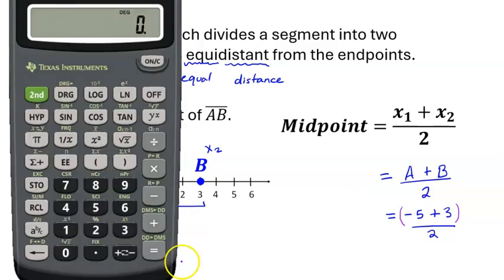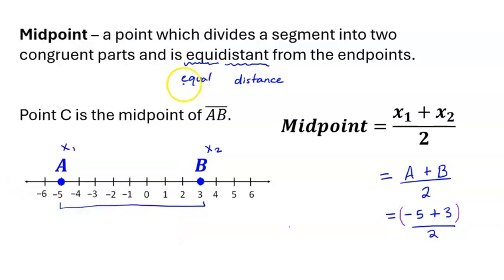If you're using your approved calculator for the Florida EOC for Algebra 1 and Geometry, we are just going to do open parentheses, 5, and then to make it negative, we hit this button down here, plus 3, close parentheses, and then divide it by 2, equals. And we see that we got that -1 that we were looking at before. And so our midpoint is -1.